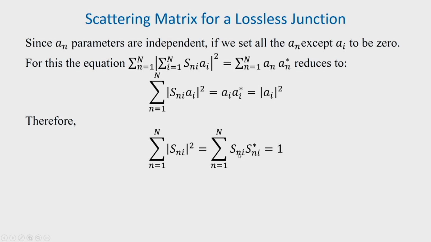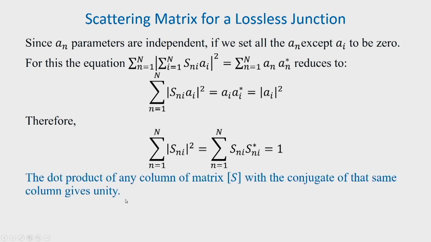Now, this S n i essentially represents the element of the ith column of the scattering matrix, and this is the conjugate of the elements of the ith column, and therefore, we can write that the dot product of any column of scattering matrix S with the conjugate of the same column gives unity.